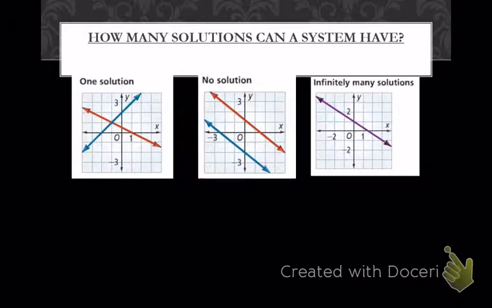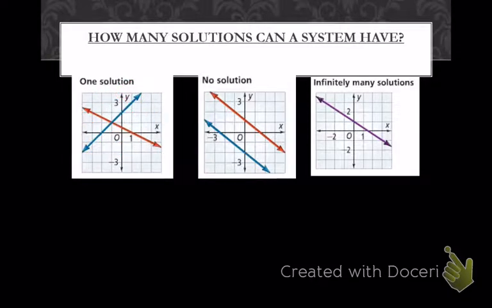Well, since this blue line in the first situation here represents all the solutions to the blue equation, which we can't see, there would be an equation for that line. And the red line here represents all the solutions to the red equation, which we can't see. Then hopefully it makes sense that the point or points that would be solutions to both equations would be that point where they meet, where they intersect.